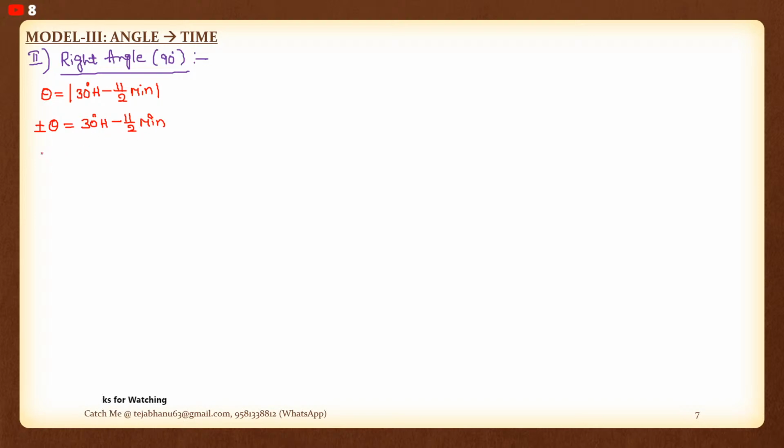Take the minus to that side: 11 by 2 into minutes is equal to 30 degrees into h plus or minus theta. That is, minutes is equal to 2 by 11 into (30 degrees into h plus or minus theta). For the plus value you get one time, and for the minus value you get one time.